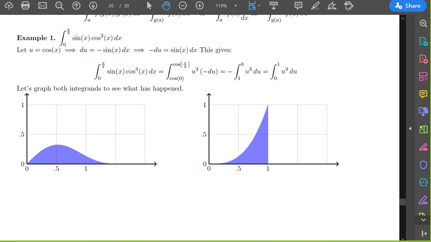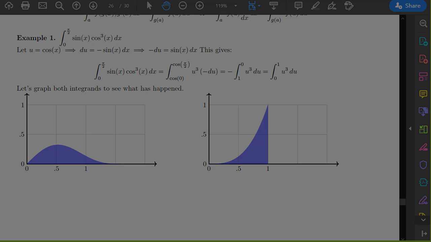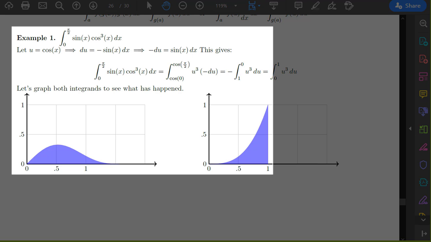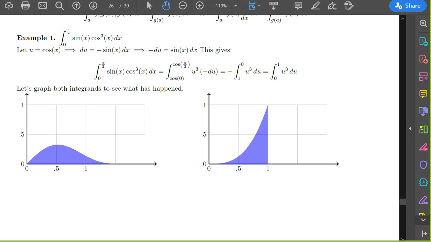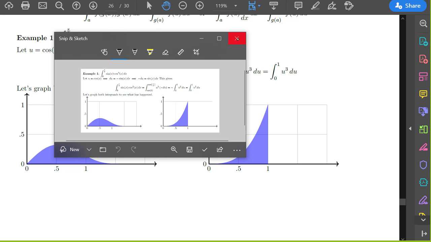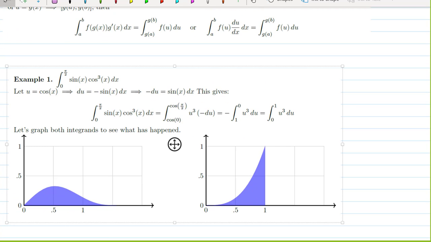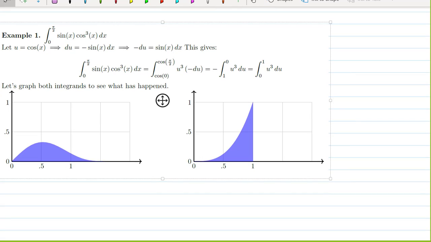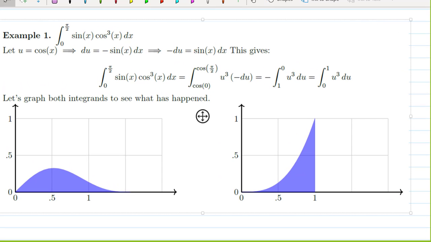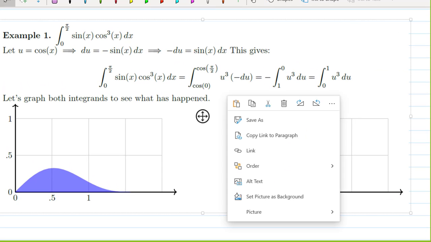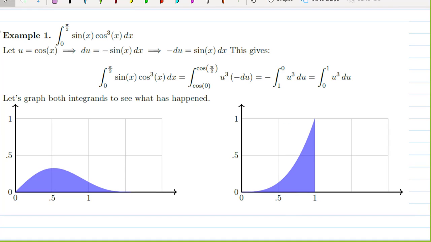All right. So this next one is just a printed example to help us visualize what's happening here. Example number 1 is we have the integral from 0 to pi over 2 of sine x cosine cubed x dx.